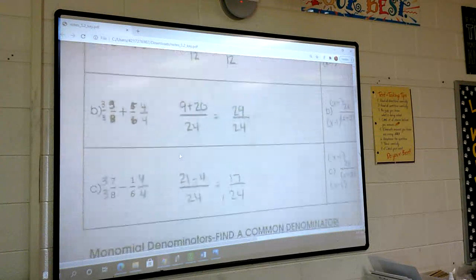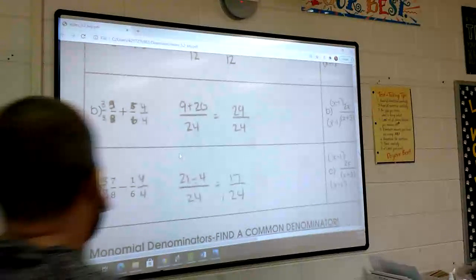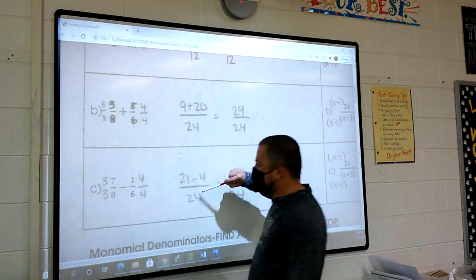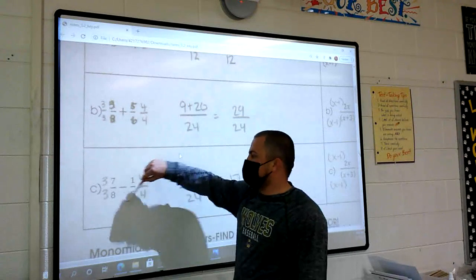All right, let's go to C. C is if you have 7 over 8 and you have 1 over 6. So again, we have 8 and 6. But in this one it's a subtraction. We want to get those to the least common denominator. So the least common denominator, again, is 24, because 8 and 6 will both go to 24.